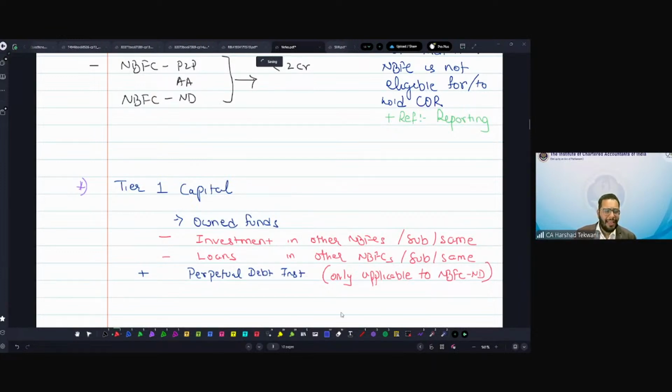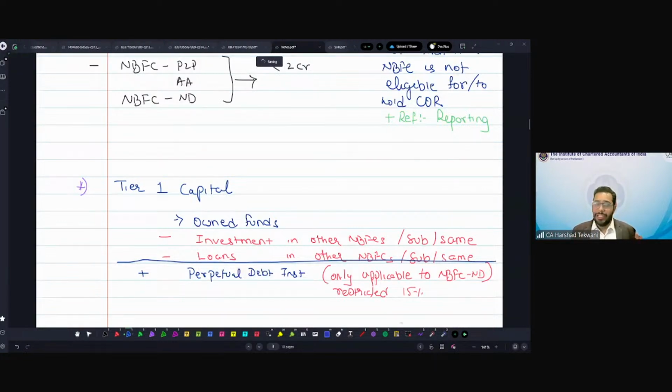Otherwise, it is not applicable to anyone. And this is also not exceeding 15% of the rest of the things. So restricted to 15%. Very specific case. Okay. So that is your tier 1 capital. Usually, for most of the NBFCs, tier 1 ends here.